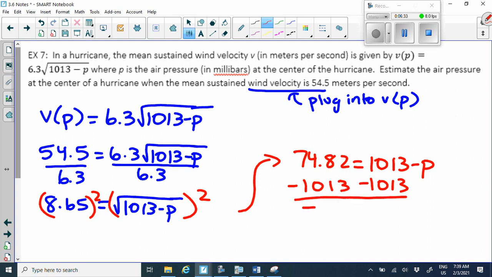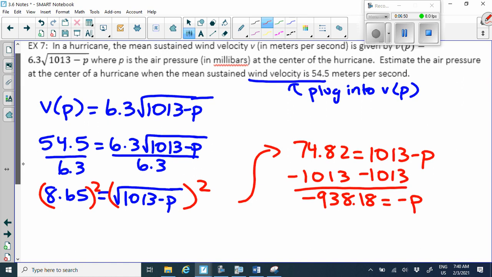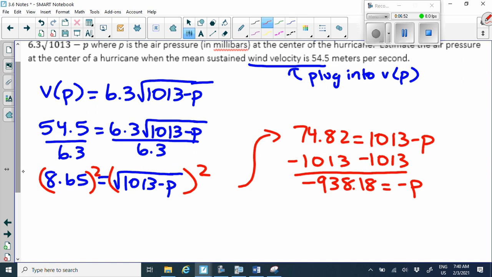That is going to give us a negative 9,938.18. Now we do get a negative p. How can we get rid of that negative in front of our variable? Well, remember, we can multiply or divide, depending on what you want to do, by a negative.